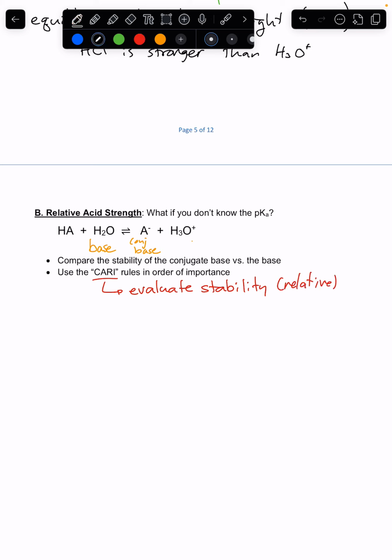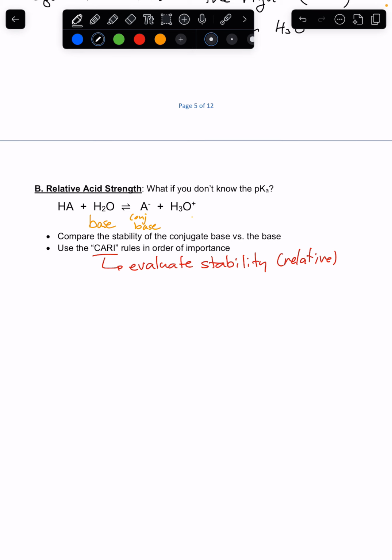Okay, so how does that work? What is the CARI rules? And this is probably one of the most important things you're going to learn in this chapter, but it's an acronym. C stands for charge, and as in charge is bad. Okay, and what does that mean?